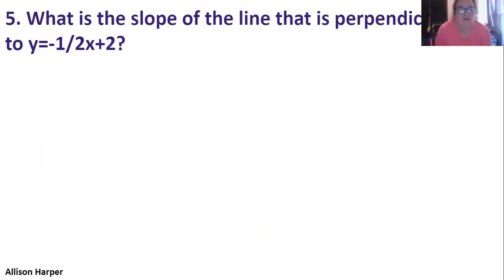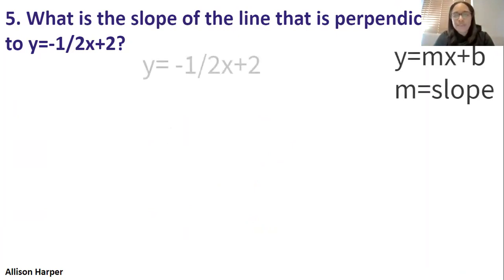Question 5. Allison, what is the slope of the line that is perpendicular to y equals negative 1 over 2x plus 2? Okay, so first things first, we have to find the slope of our given line. So the slope of y equals negative 1 over 2x plus 2 is going to be negative 1 over 2.